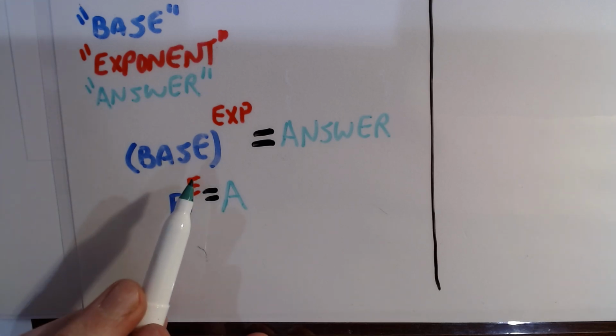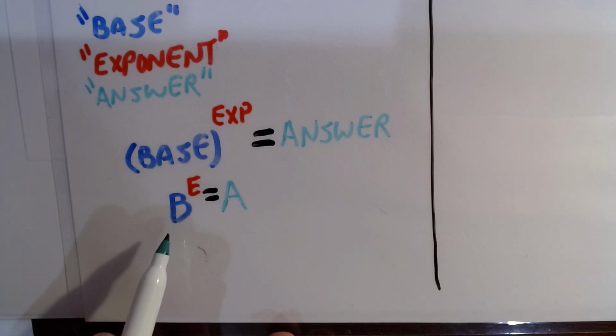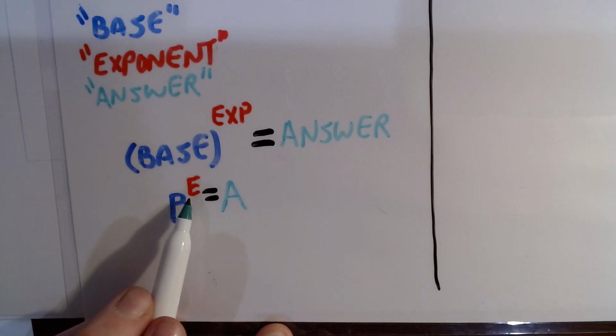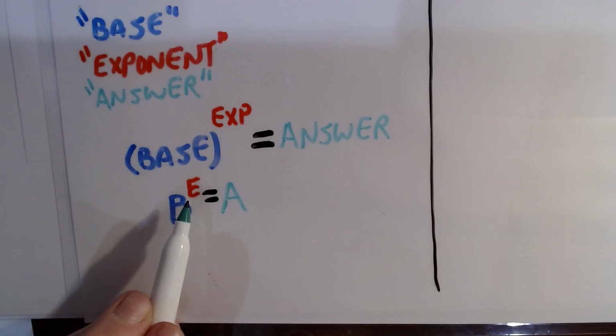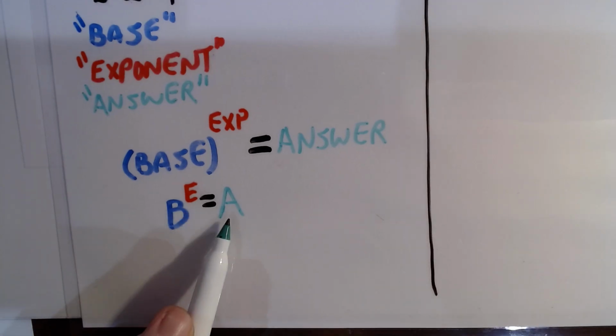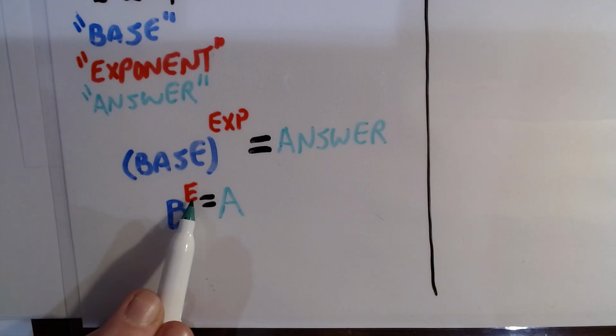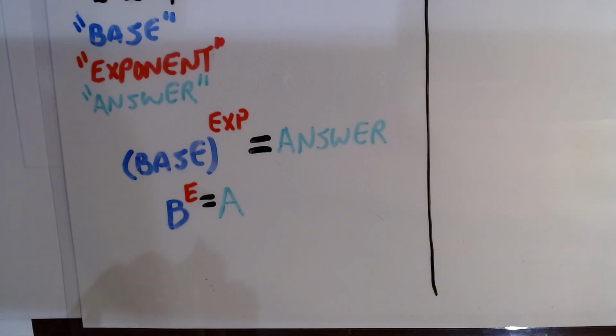Base, exponent, answer. Your base is the number you're working with. Your exponent is the number of times, or the number of instances, that we want to multiply the base together. And that is your result. Base, exponent, answer.